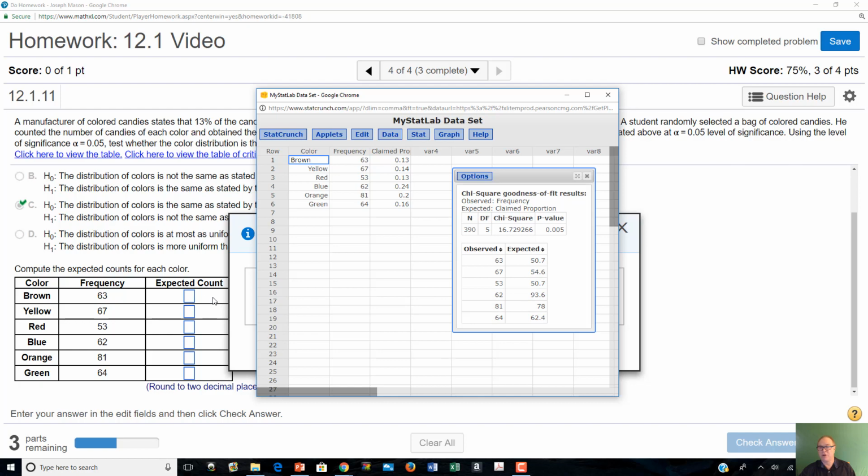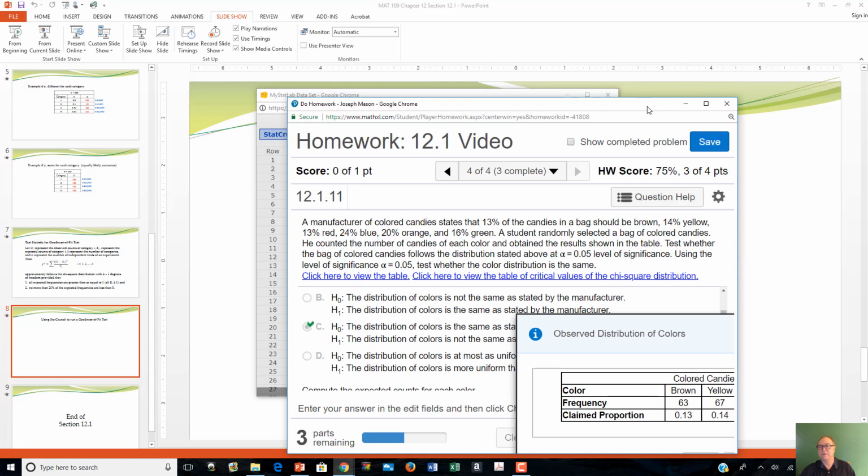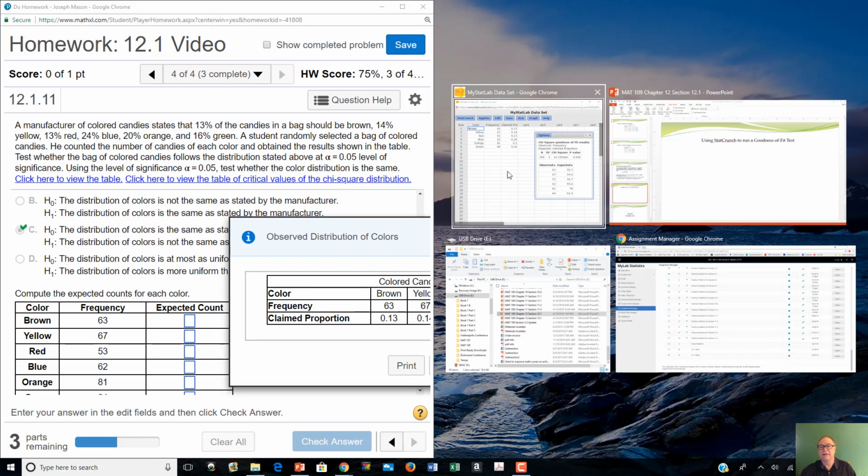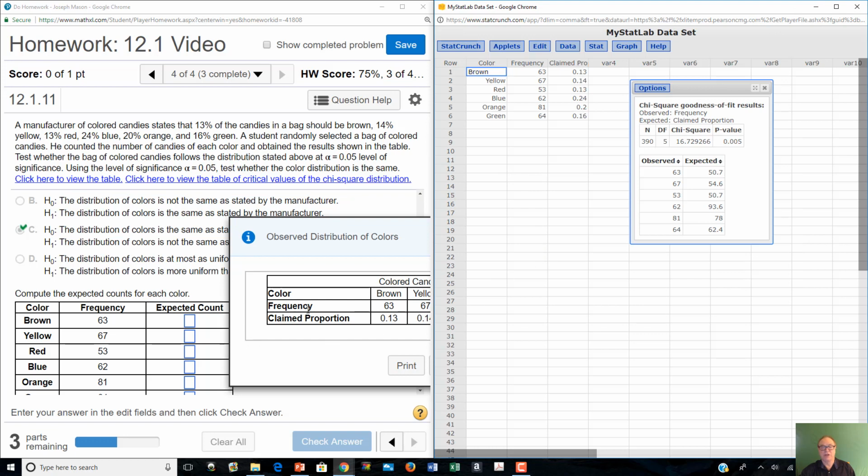So now I can just start putting them in. Let me shrink this down and put it back over here on the left side. Get my StatCrunch.